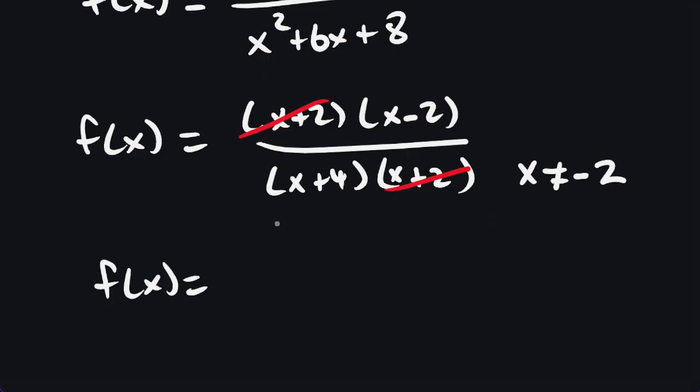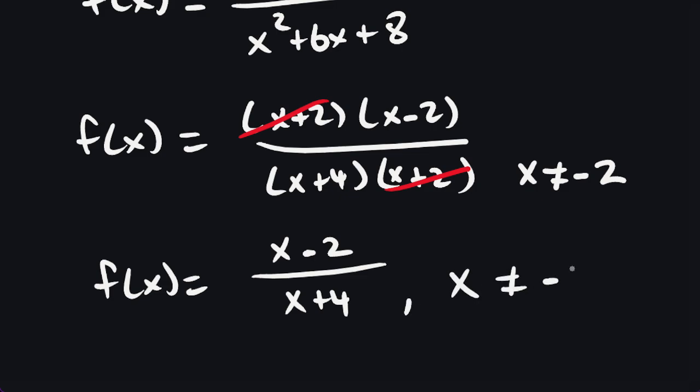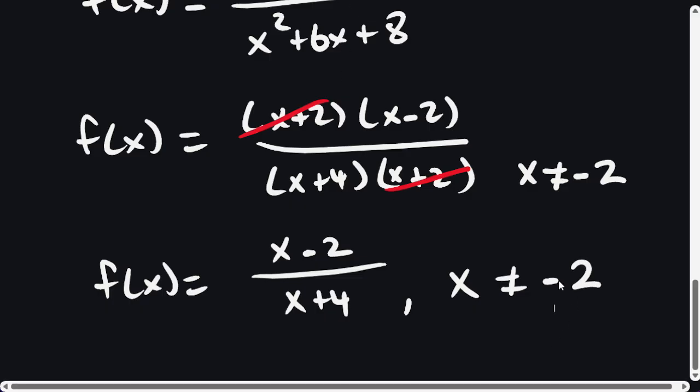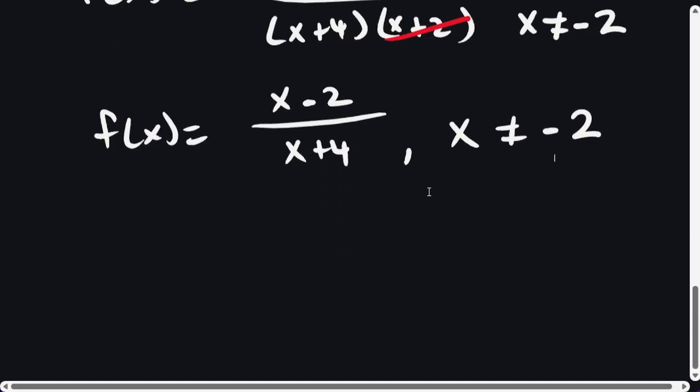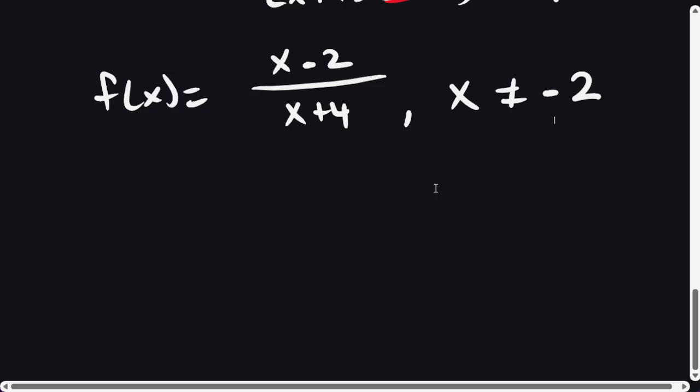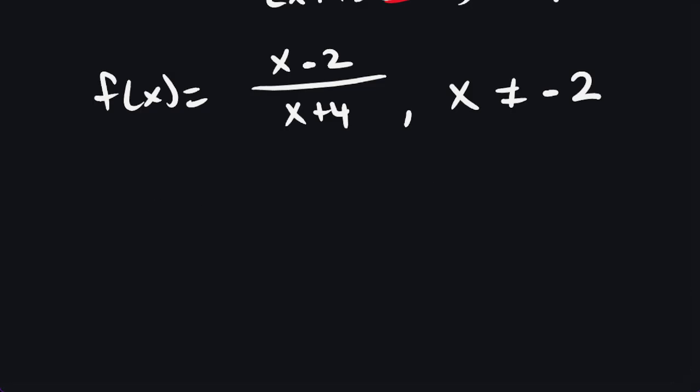So we can cancel those out, and we're left with x minus 2 over x plus 4, as long as x does not equal negative 2. And this is important why we write this. We'll explain it later, but so far we have this, f of x equals x minus 2 over x plus 4. Let's go ahead and find its vertical and horizontal asymptotes.